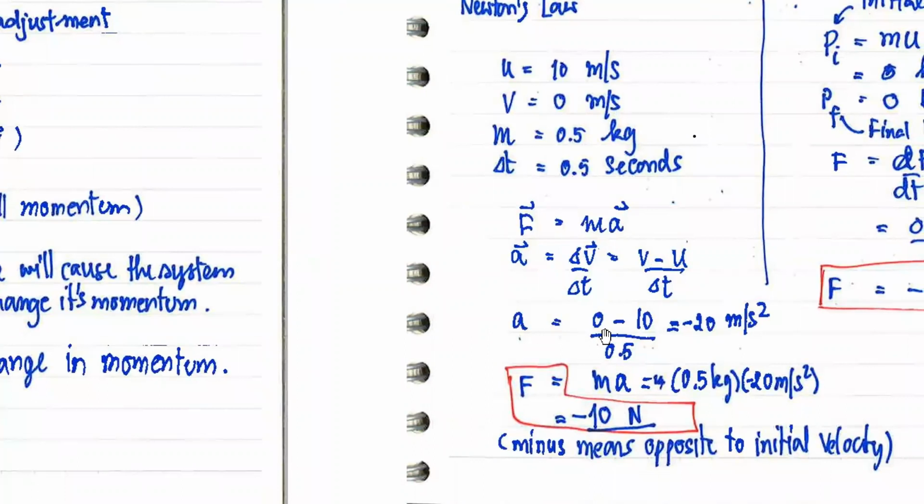You get a is 0 minus 10 over 0.5, or minus 20 meters per second squared. Now the force is ma, so it's 0.5 kilograms times minus 20 meters per second squared. And it gives you minus 10 newtons. The minus sign states that it is opposite to the initial velocity. That is the solution according to our normal Newton's law.